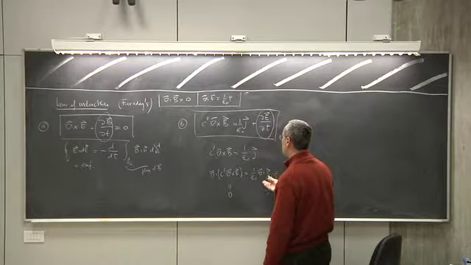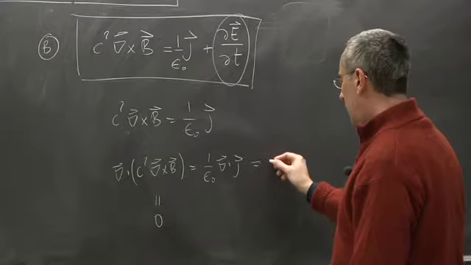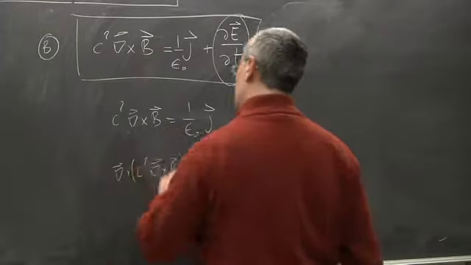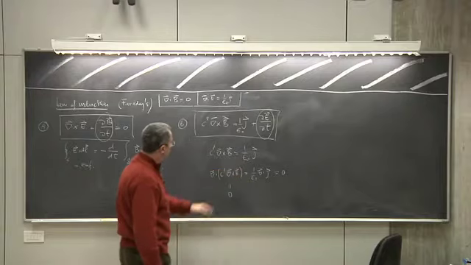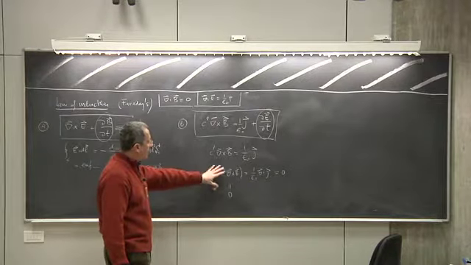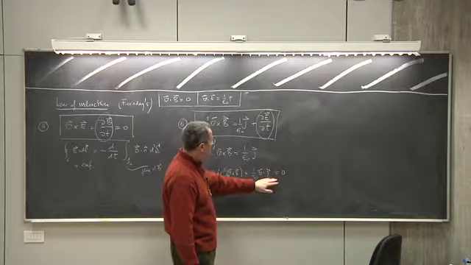He just took the divergence and realized that if this is true, because of the property of the curl of a vector, the left-hand side vanishes, therefore the right-hand side vanishes as well.